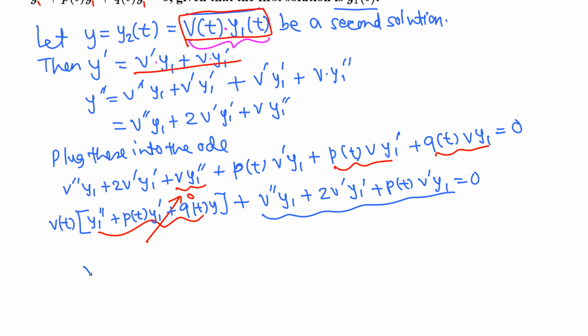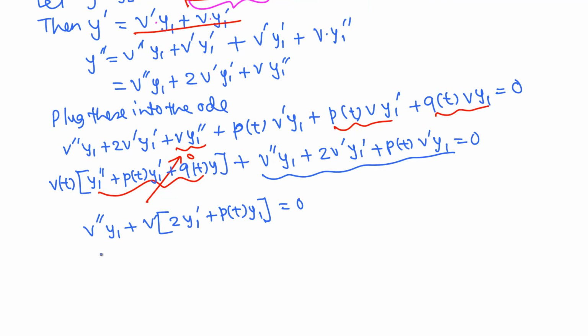So this is v double prime y1 plus, v prime in fact, times 2 y1 prime plus p y1 equals 0. Okay, now we don't have a term containing v. We only have v prime and v double prime, first derivative and second derivative. Now we can reduce the order here.